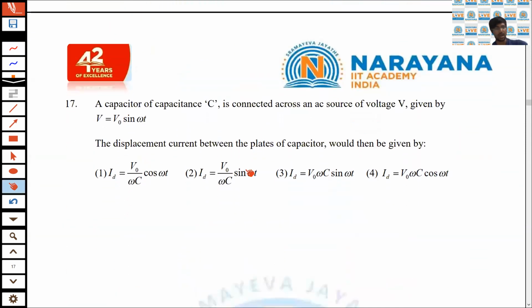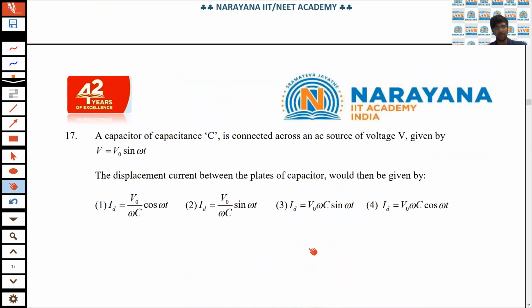Question number 17. A capacitor of capacitance C is connected across an AC source of voltage V given by V is equal to V naught sine of omega t. The displacement current between the plates of the capacitor would then be given by. All right.